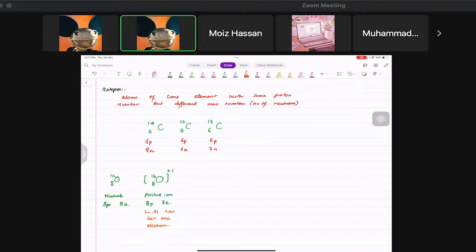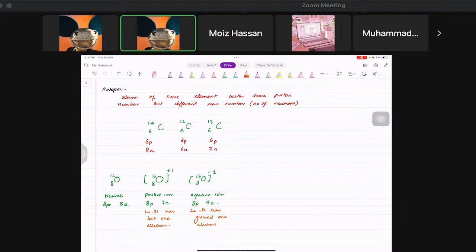Okay, now similarly, if there was oxygen 16 8 with a minus 1, then now it is a negative ion, which means it has 8 protons and 9 electrons. So why is it a negative one? Because it has gained 1 electron.